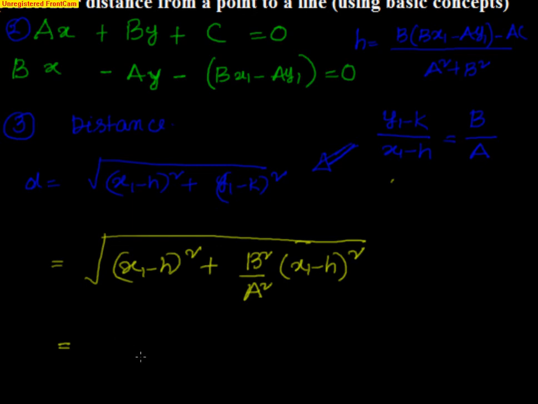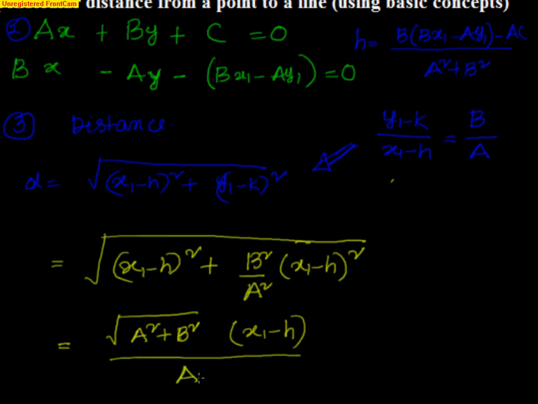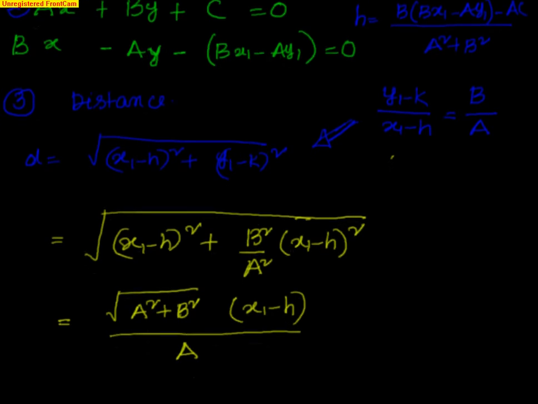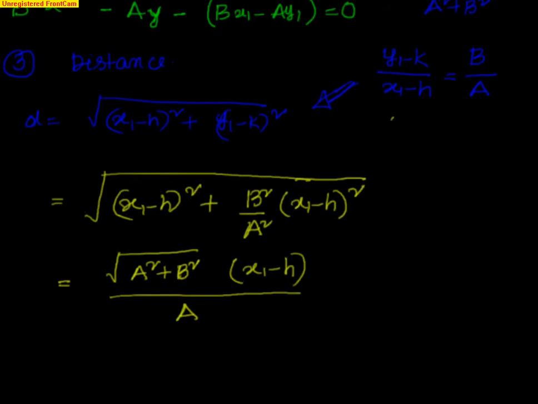Okay. Now let's simplify this and see what it becomes. It becomes square root of a square plus b square into x1 minus h by a, right? Now we have a square, b square, a we know, x1 we know, h we have already found here. I can substitute h here, then we are done, right? Let us see how it's going to be.